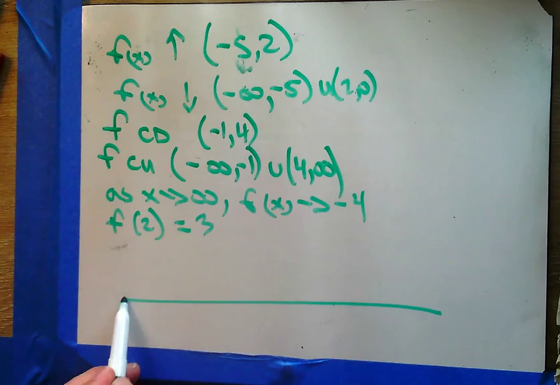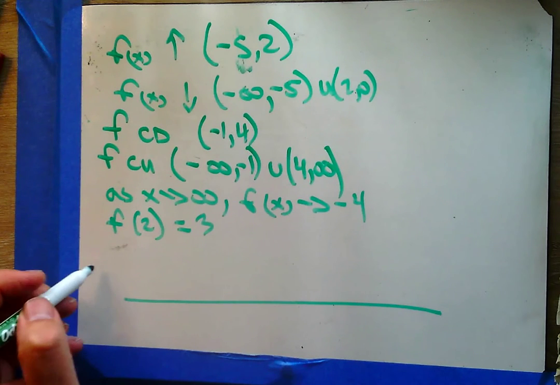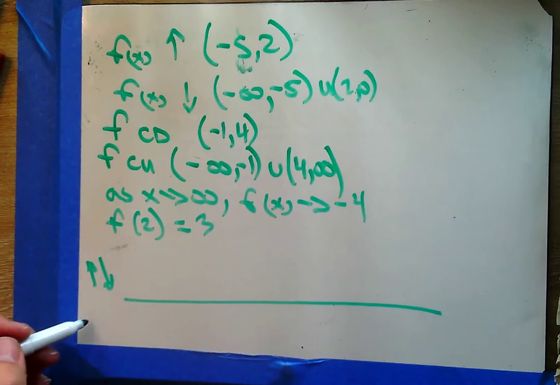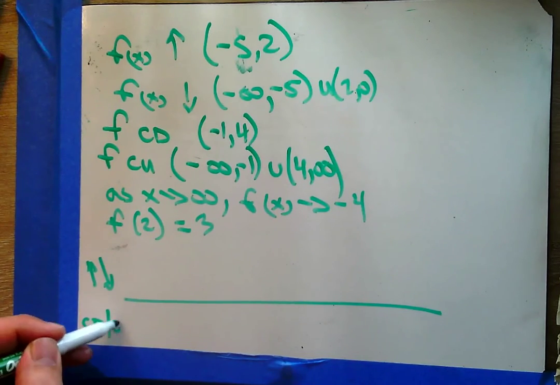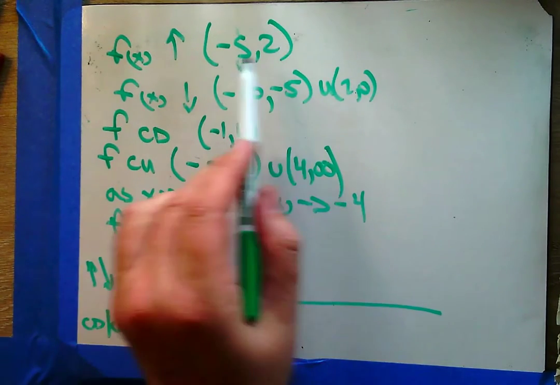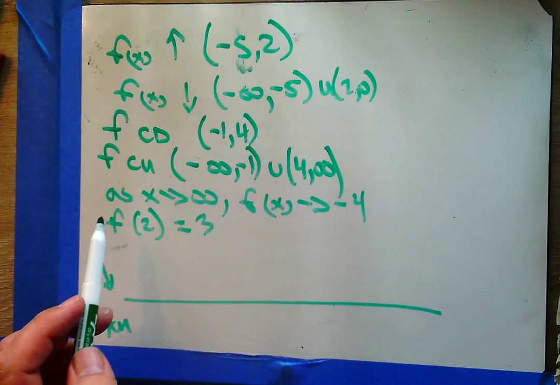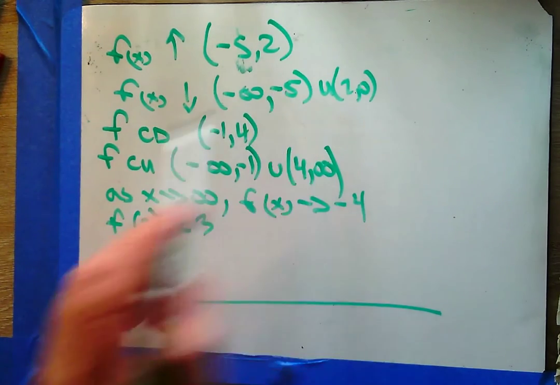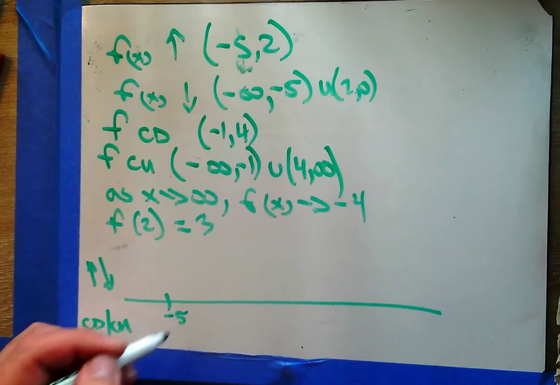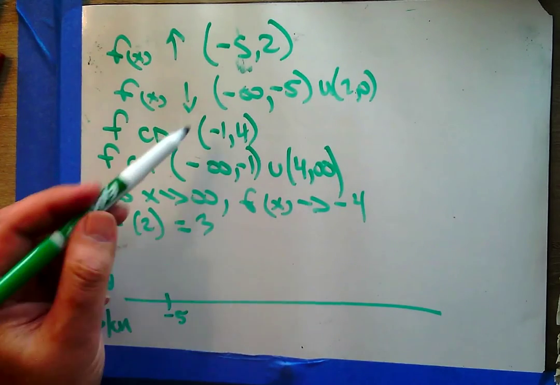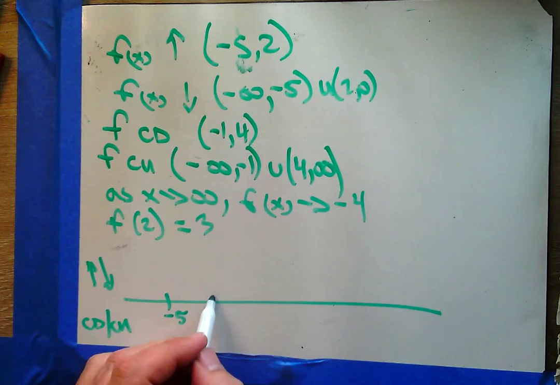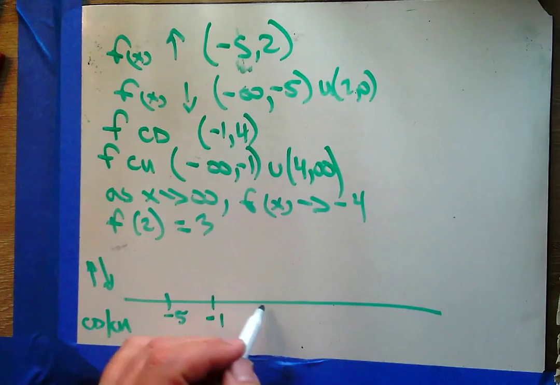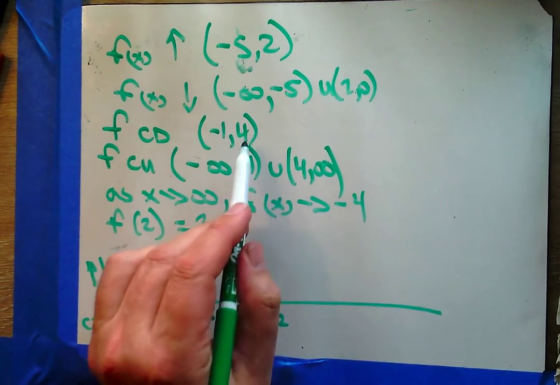And when we went through this originally, I suggested making a graphic organizer wherein you talked about increasing or decreasing and concave down versus concave up at these various points along the domain of f of x. So I've got this negative 5 as a critical value, and then I have negative 1, and then I have positive 2, and I see positive 4.